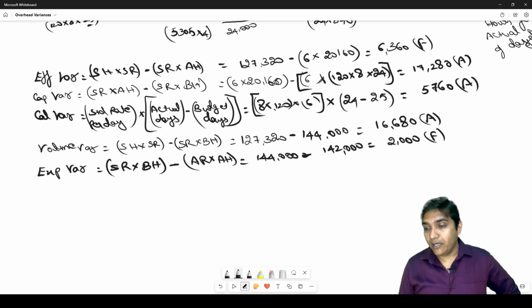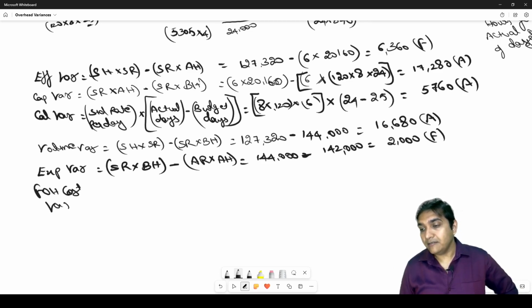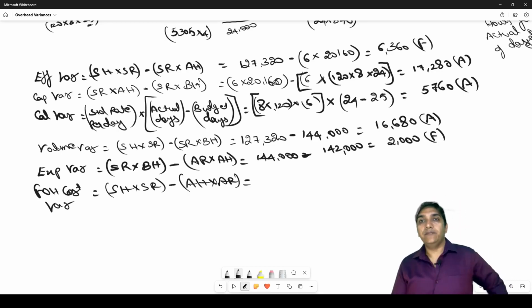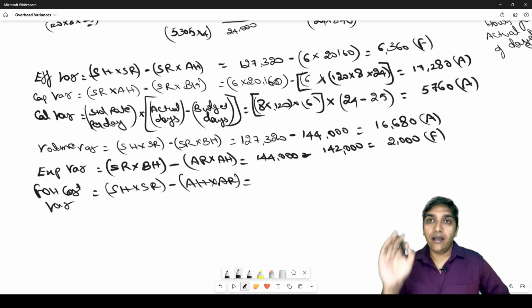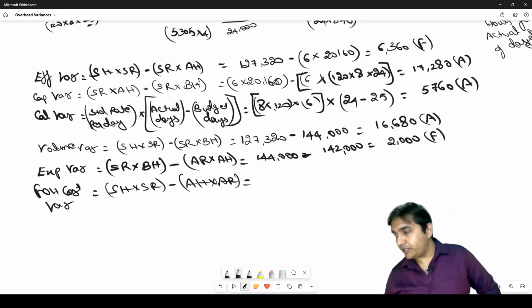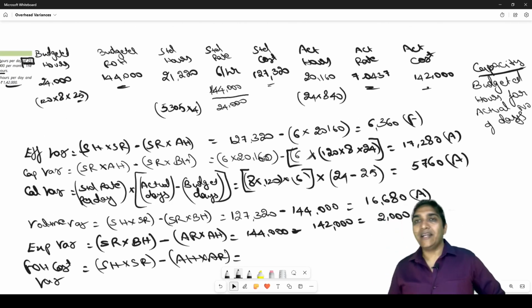Now coming to our fixed overhead cost variance, our formula is standard hours into standard rate minus actual hours into actual rate, right? So what is my standard hours into standard rate? That is my standard cost. That is the overhead absorbed for actual output, which is 1,27,320.